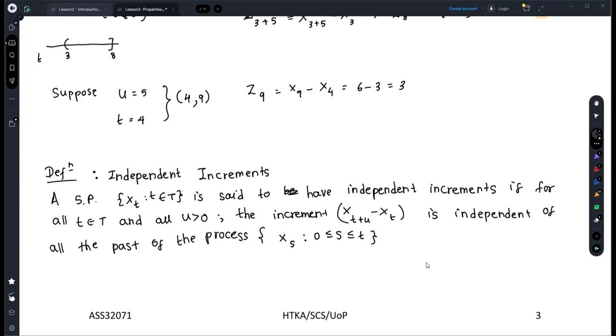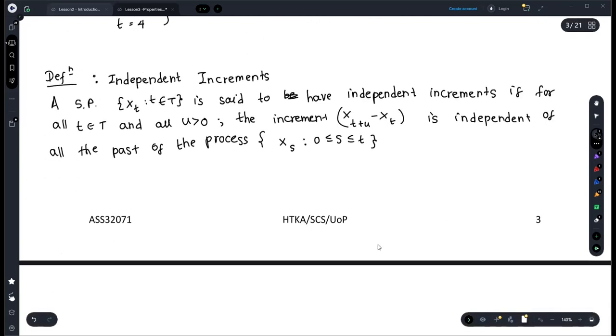So what happens earlier is not affecting the increment, right? For all t and all u, starting from any time up to any gap, if you find the increment, and that increment does not depend on what happened earlier in that process, then we call it an independent increment.